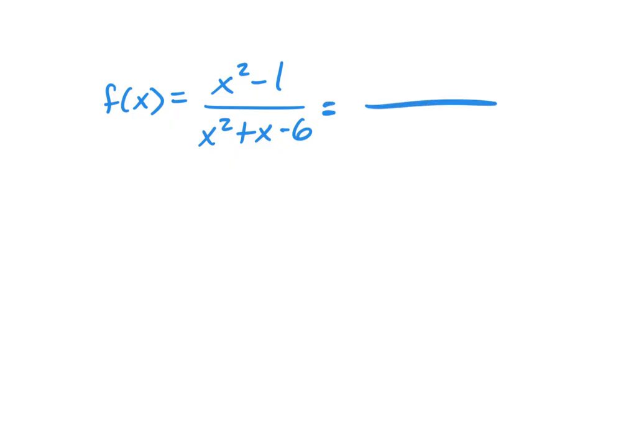But if I wanted to factor x squared minus 1, what would x squared minus 1 factor into? What method could we do there? Kind of. It is perfect squares.